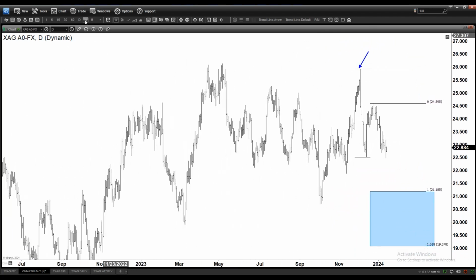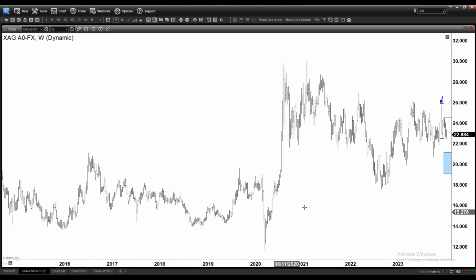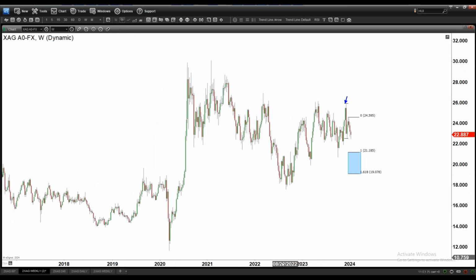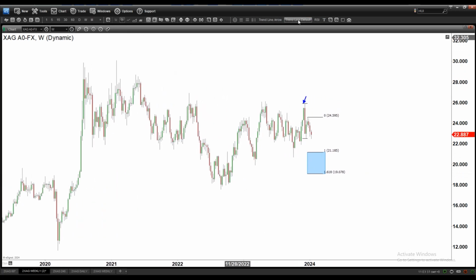Now if I go down to the weekly, let me draw attention to a couple of things. If you use a simple sort of trend line analysis, you notice here that we've been in this bearish channel for a while, since May 2023.